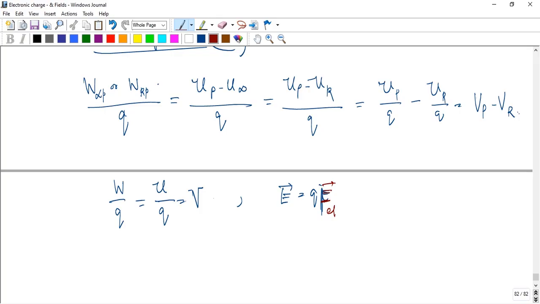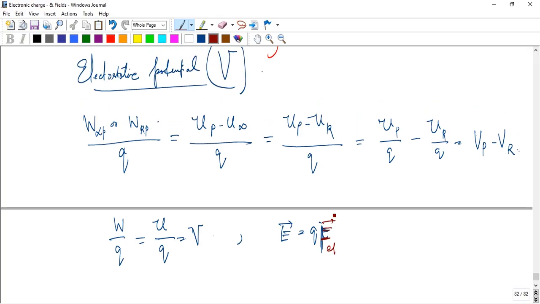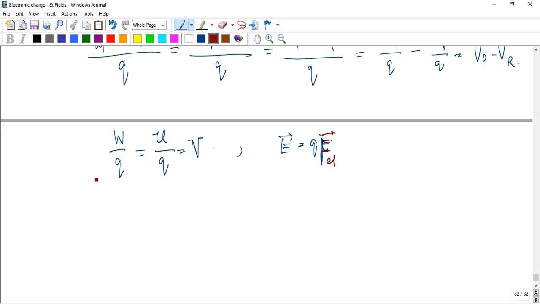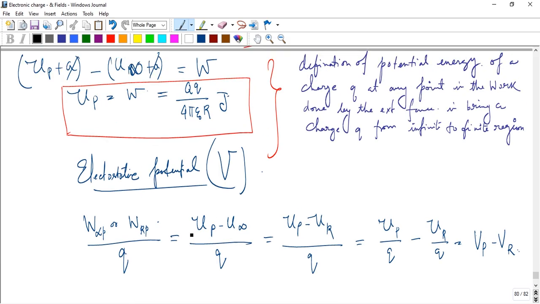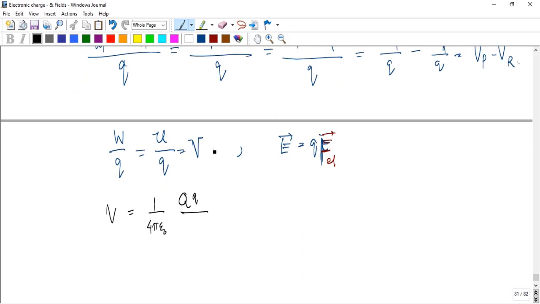Similarly the electric potential is also independent of the test charge. Suppose we put the value of W equal to 1 over 4 pi epsilon naught capital Q small q by R. Then q by q cancels, so potential V is equal to Q by 4 pi epsilon naught R.